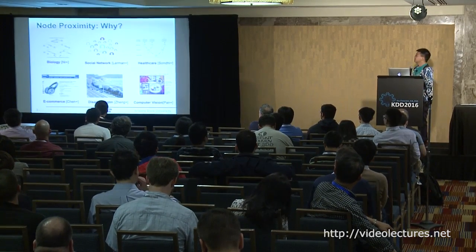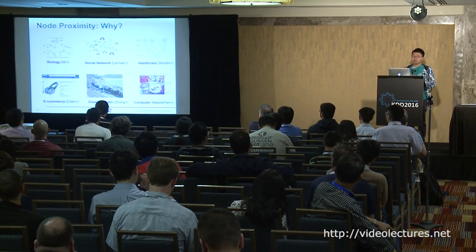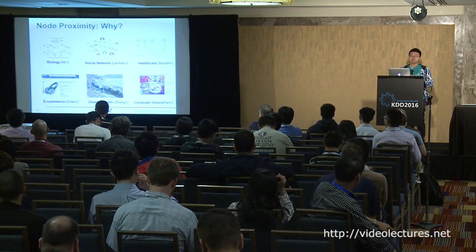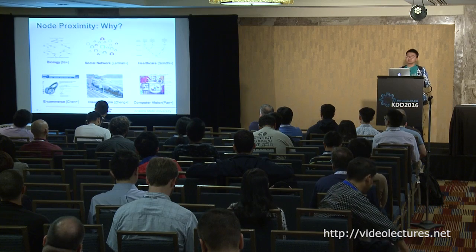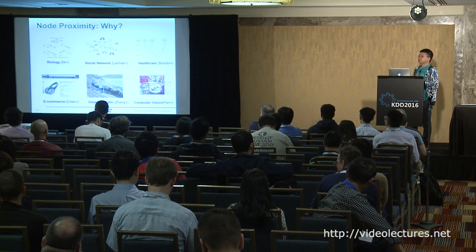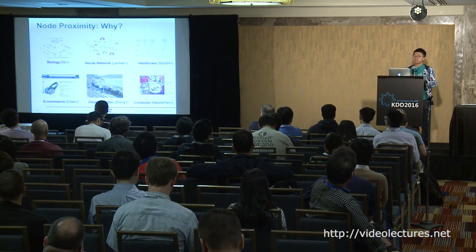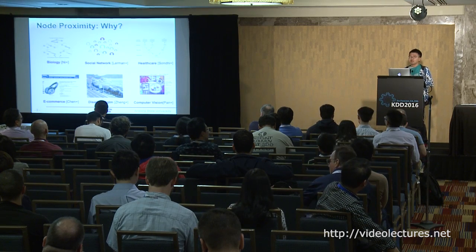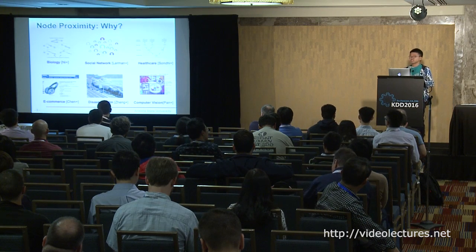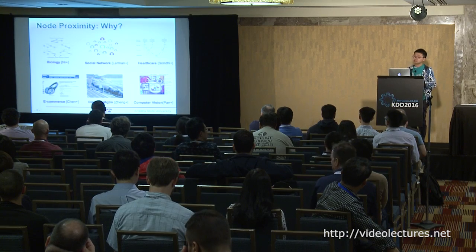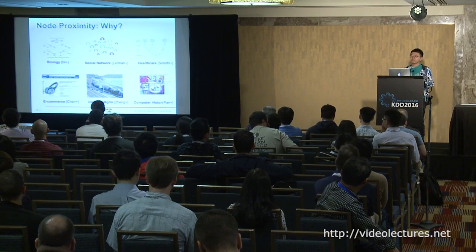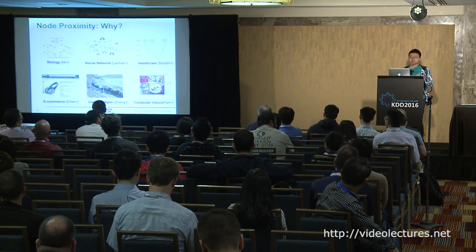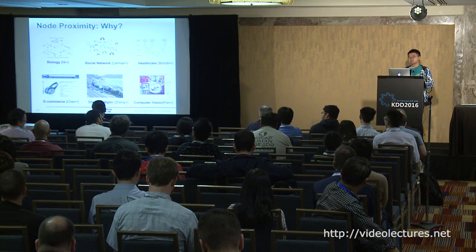Node proximity is a building block in many application domains. For example, in biology, given a disease similarity network, a genetic protein interaction network, and known gene-disease associations, node proximity can help infer genes that are associated with a certain disease.